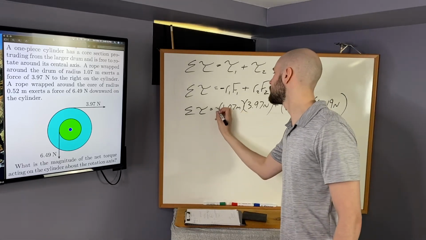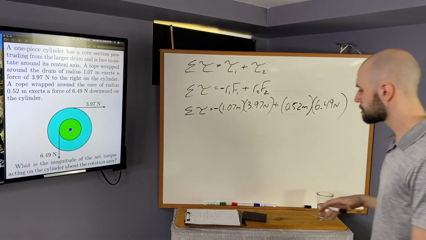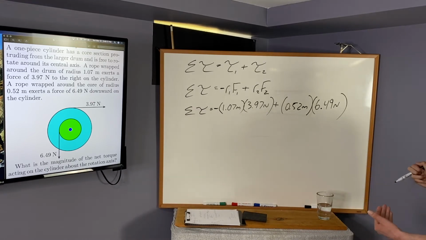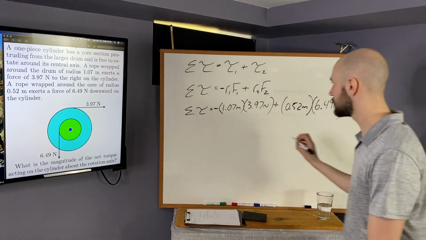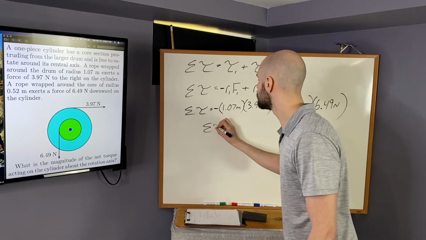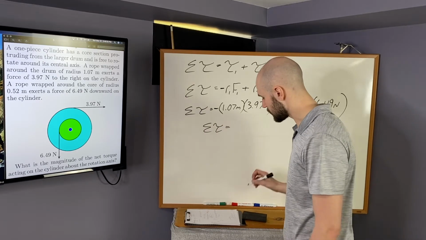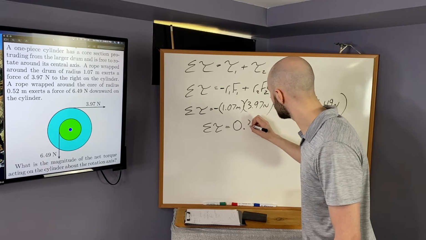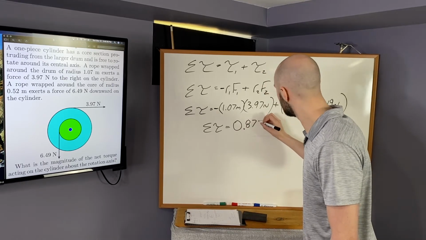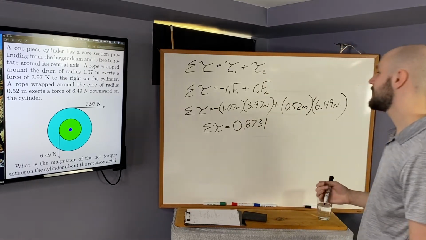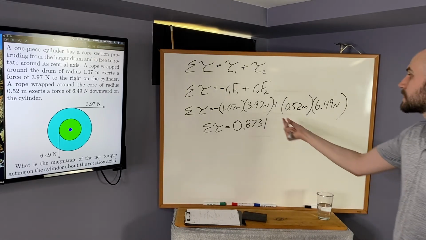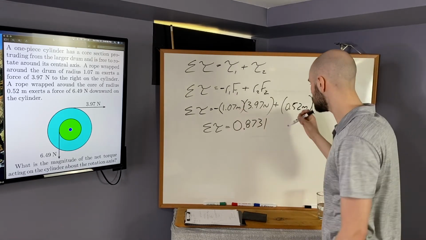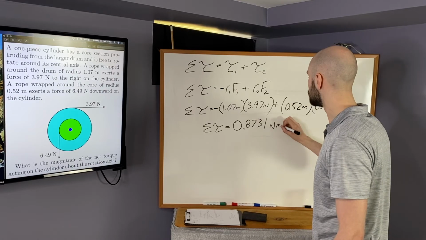Remember, this first term is negative. Now, if you plug this all into your calculator with these numbers, you should get a net torque of 0.8731. And don't forget our units for torque. Newtons times meters is Newton meters.